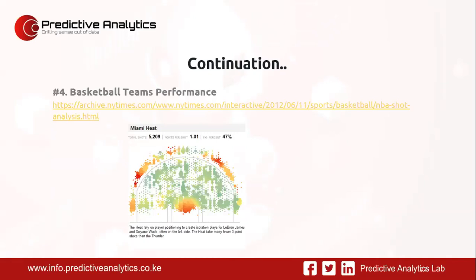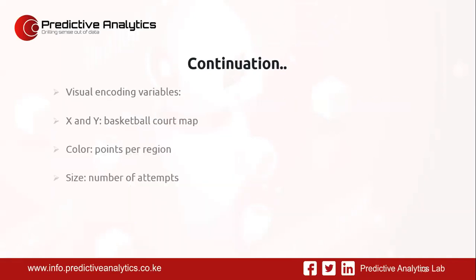For basketball teams performance, we had X and Y. So that is X plus Y. That was X and Y for basketball court map, color for points per region, and then size for the number of attempts.